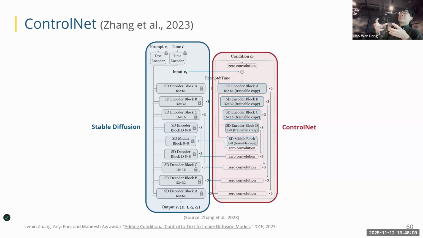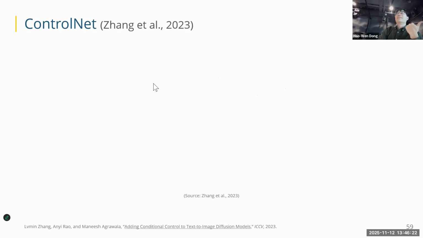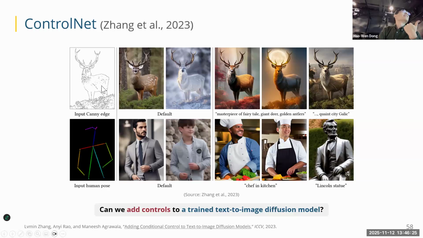You predict the noise, and you want to remove that noise. Now, given this particular condition and the prompt, the output should be like this. Given this plus this prompt, you want to generate this image, and you do know how to get all those noisy inputs.